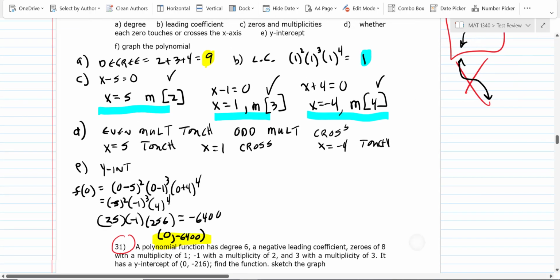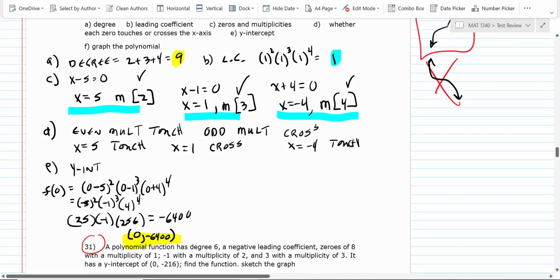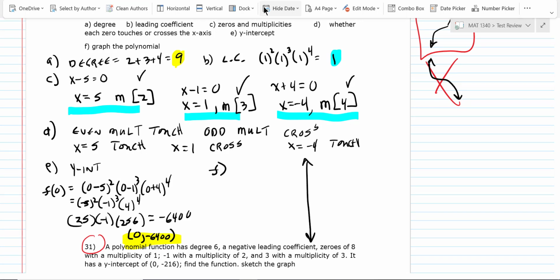Now, those are just a review of the key things. Let's go ahead and do this. This is how I taught you to do this. When you actually draw your graph, I was trying to get you to draw graphs without just pressing buttons on your calculator, because you need that knowledge for higher math. If you just press buttons, you'll get the problem right on your final.